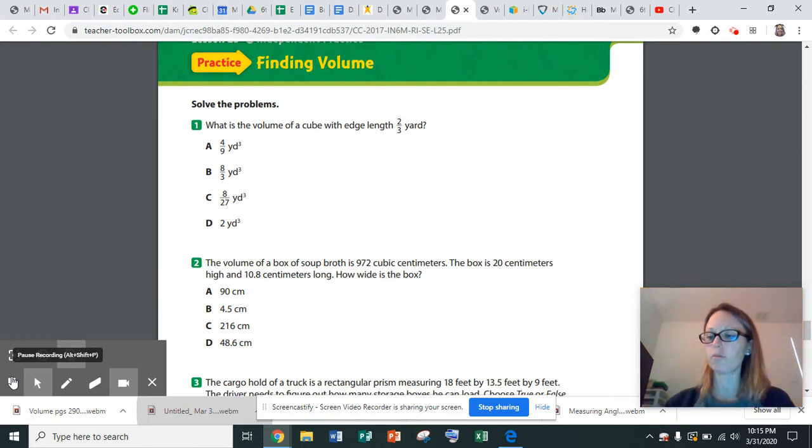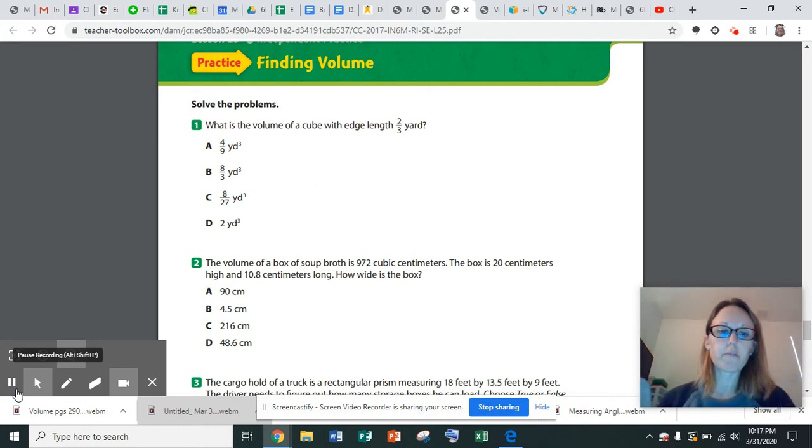Okay, number 2. The volume of a box of soup broth is 972 cubic centimeters. The box is 20 centimeters high and 10 and 8/10 centimeters long. How wide is the box? Go ahead and try it on your own. Okay, ladies and gentlemen, I hope that you had time to figure out number 2. Again, now we're solving for the missing dimension.